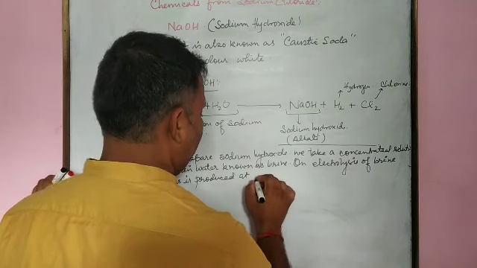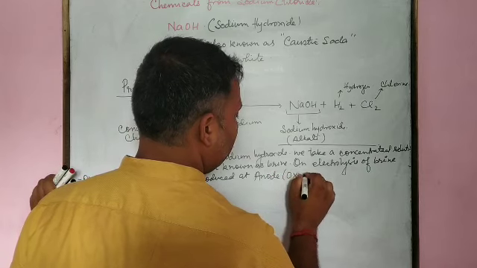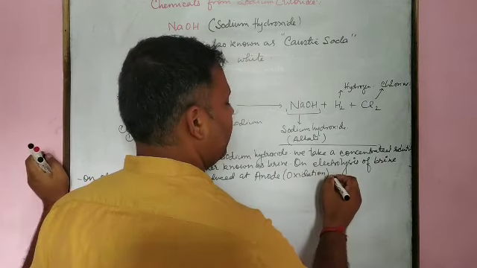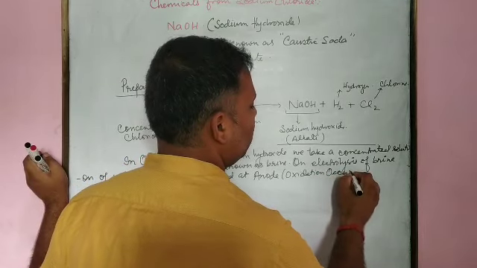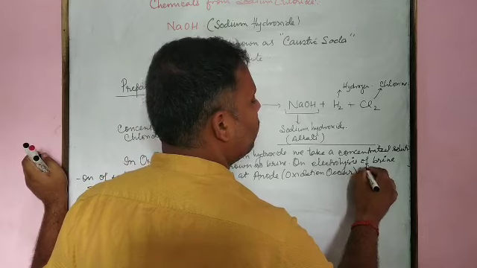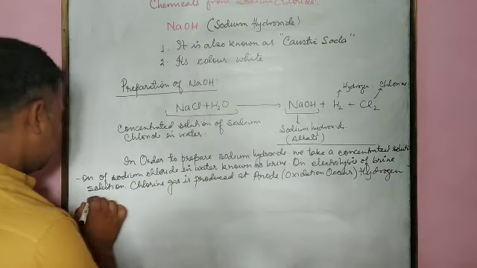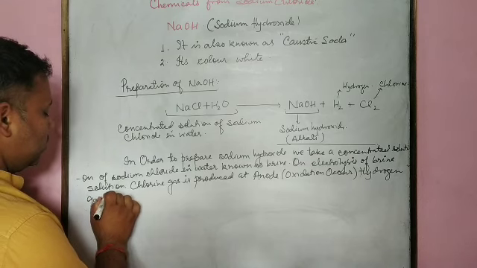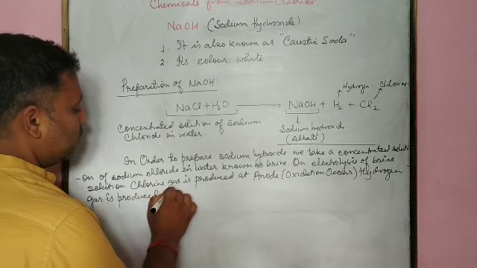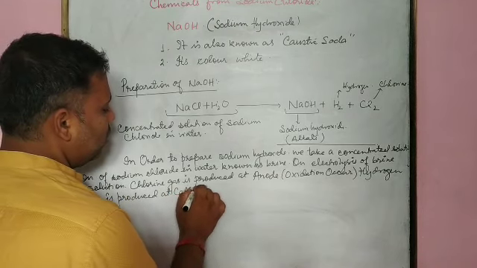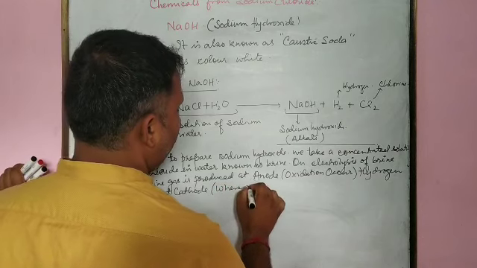at the anode, where oxidation occurs. Hydrogen gas is produced at the cathode, where reduction occurs.